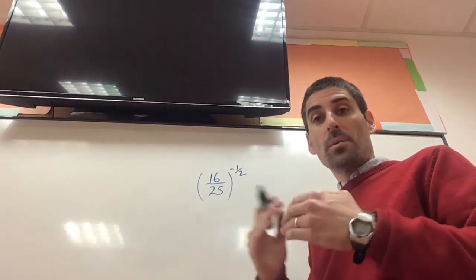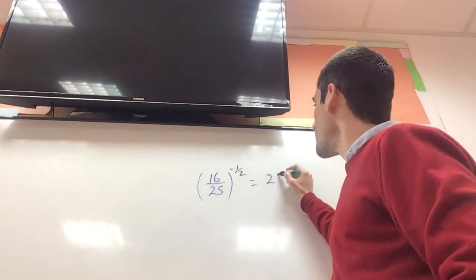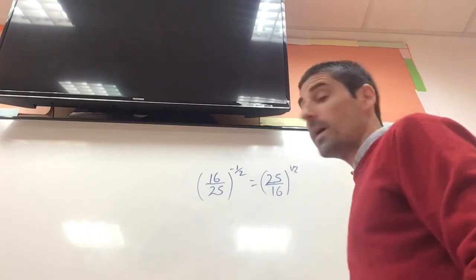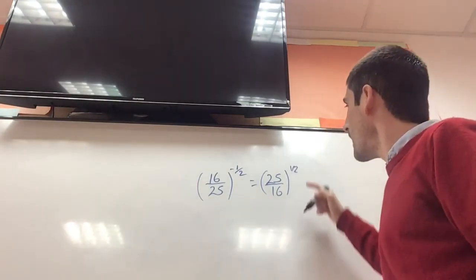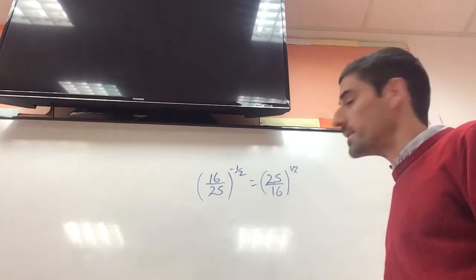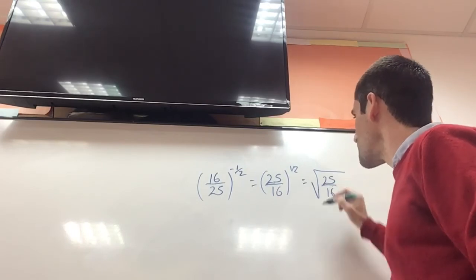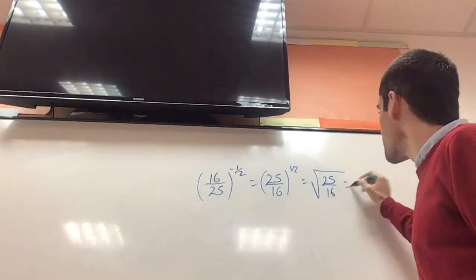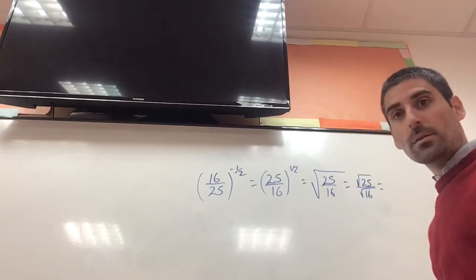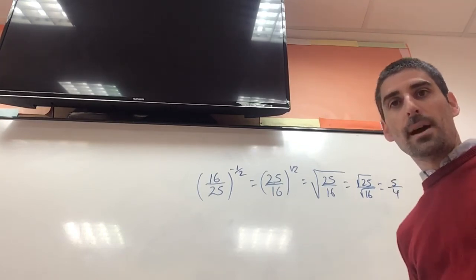And remember, what the negative sign did was give us the reciprocal. So this is going to be 25 over 16 to the power 1/2. 1 becomes the power of the number inside, and 2 is the root, so this is the square root of 25 over 16, which is the square root of 25 over the square root of 16, and all of you can tell me that the answer is 5/4.